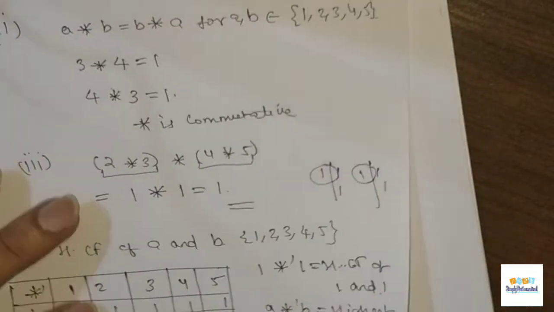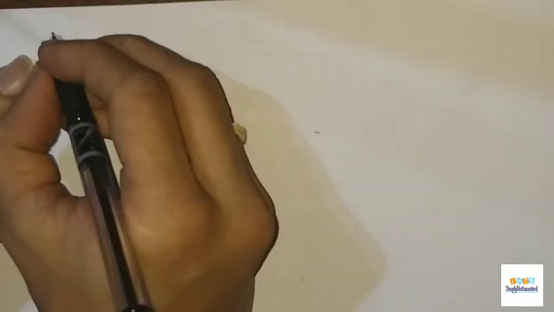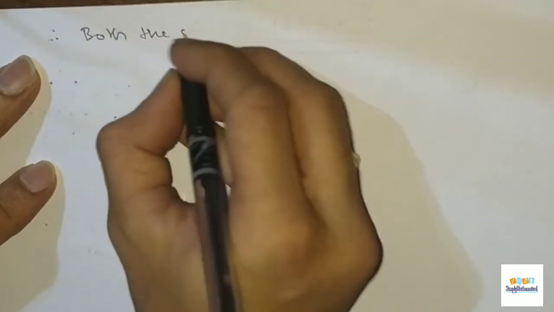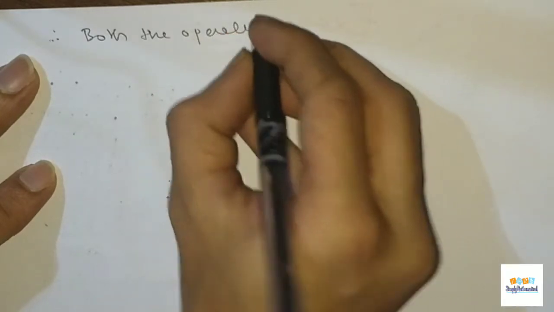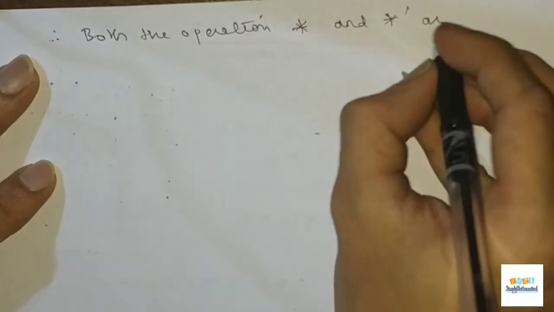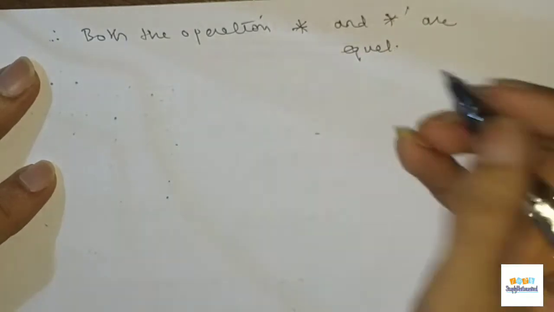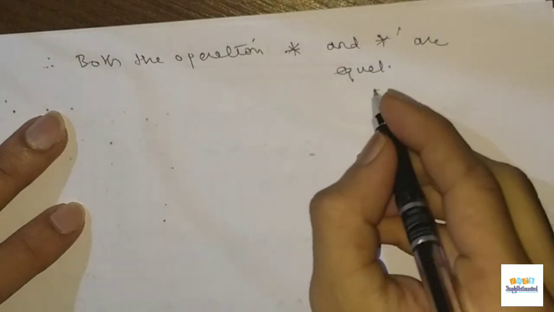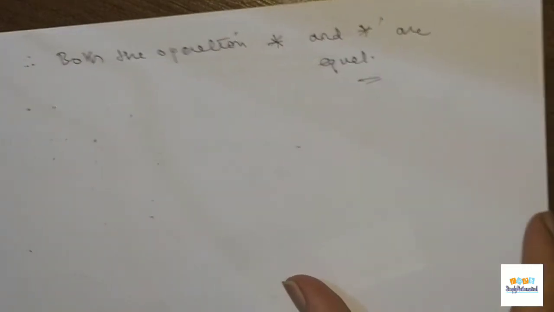So both are equal. Therefore, both the operations star and star prime are equal. So that was the fifth problem.